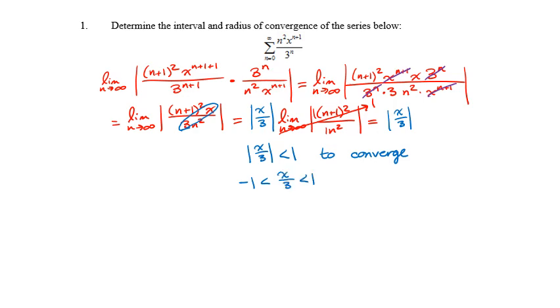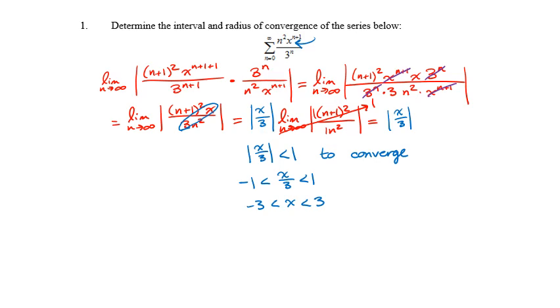Mathematically speaking, those are equivalent statements. And then to make it even more equivalent, where we have whole numbers, x would have to be between negative 3 and 3. So right now, our interval is from negative 3 to 3. That means that any number x that we plug into this equation right here would have to be between negative 3 and 3 to converge.